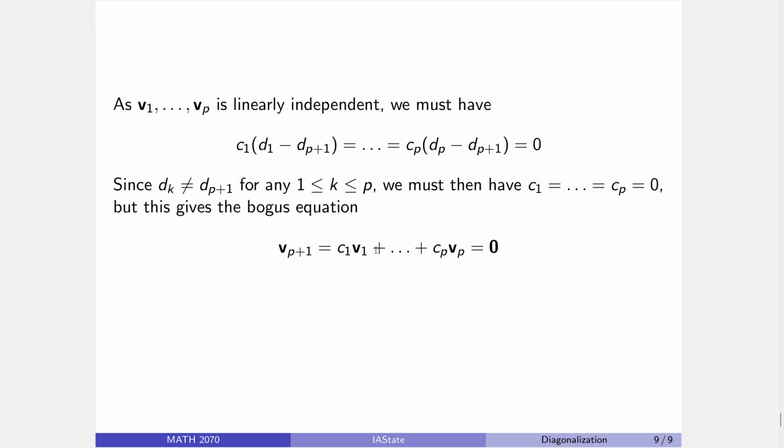But if that's true, then going back to this linear combo, I get 0. But that runs contrary to what we've assumed, that the vectors I'm dealing with are non-zero. So, contradiction. So it's got to be that the full list is linearly independent. At no point does the list start failing to be linearly independent. Beautiful. Slick little argument. I like that one.